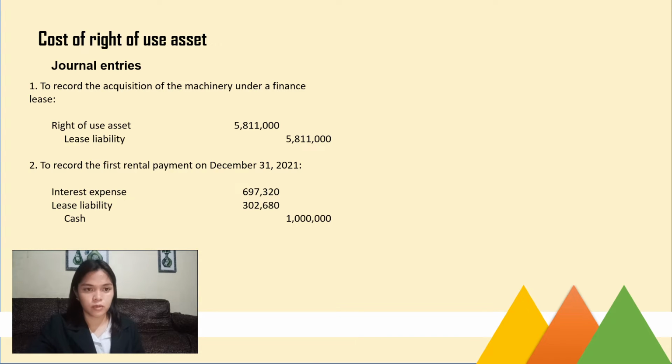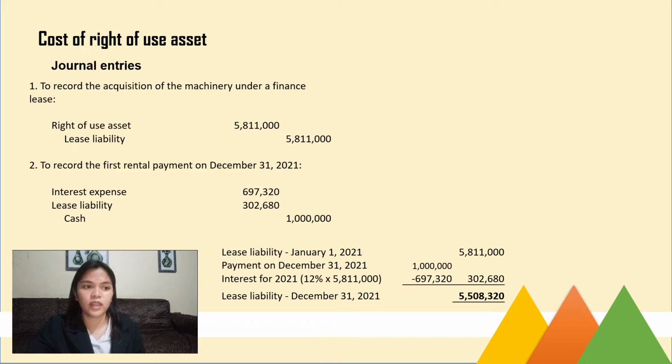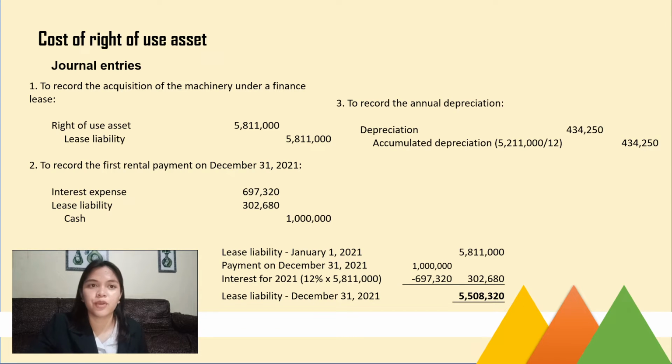Then, eto naman, para makuha natin yung lease liability for December 31, 2021, yung lease liability from January 1, 2021 ay ililess lang natin sa principal payment na 302,680. So, yun, we will get the 5,508,320. Then, third, to record the annual depreciation.